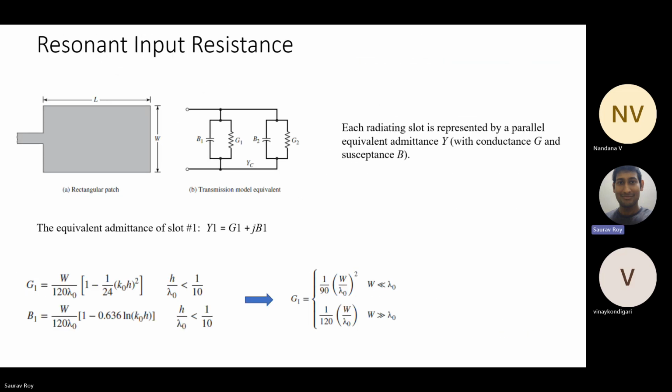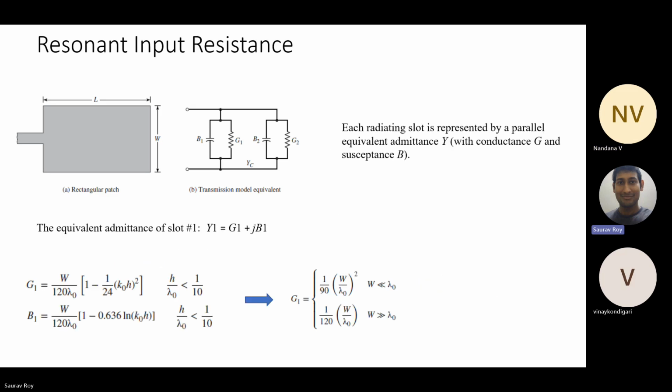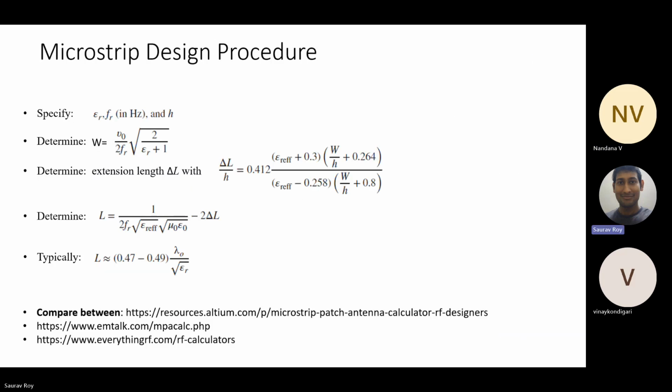You must go through this inset feed, and see how Y0 affects your input resistance; that you must note. This is very important. Also the microstrip design: you must design one on FR4 at 4 gigahertz and simulate it.